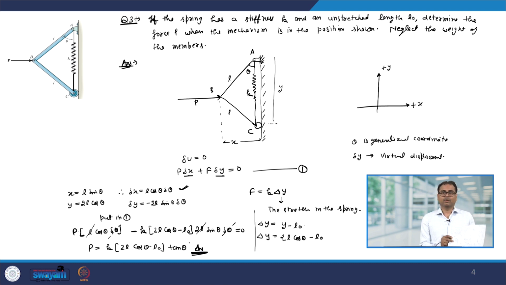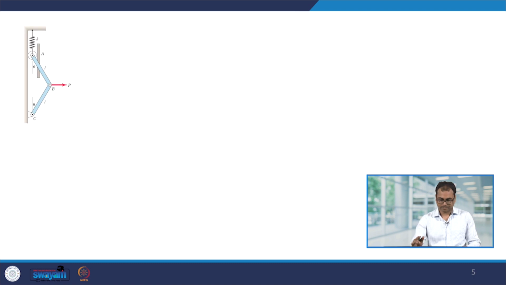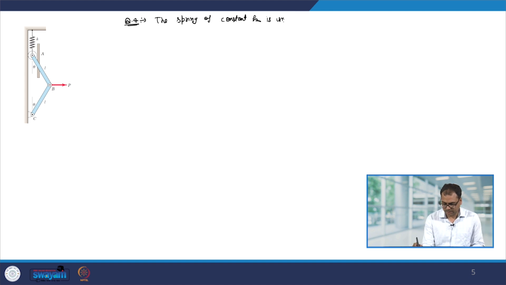Now, let us look at one more problem statement. The spring of spring constant K is unstretched when theta is equal to 0 degrees.